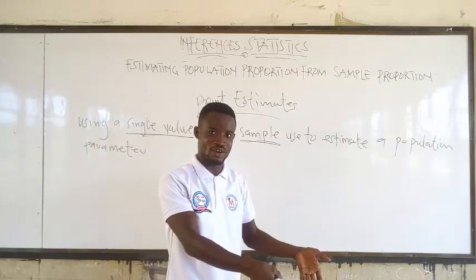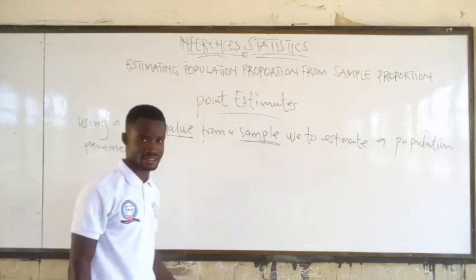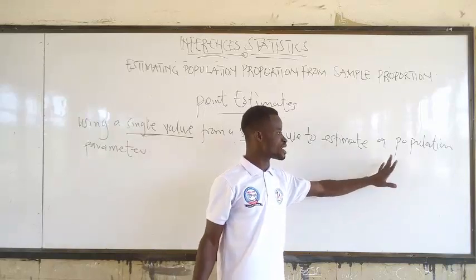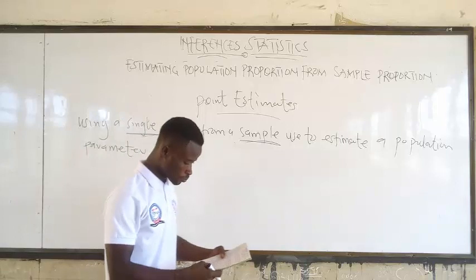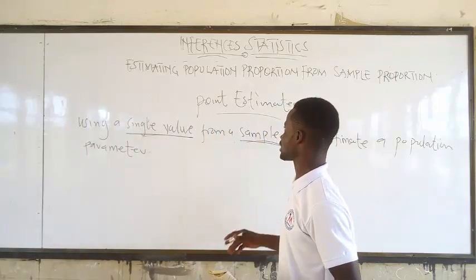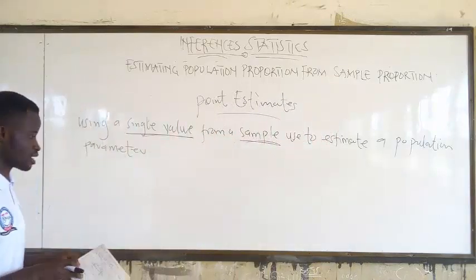That is the stratified and the others. Alright, so a sample used to estimate a population parameter. Alright, so that is what a point estimate is.